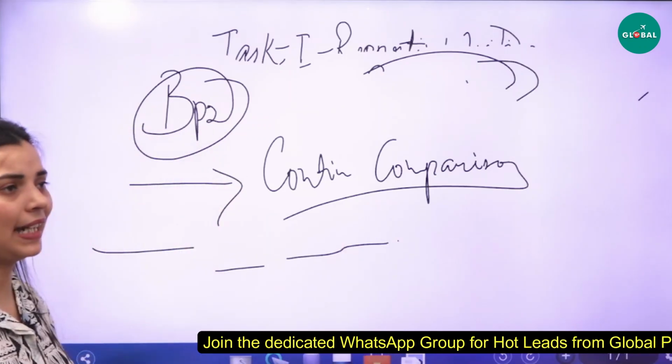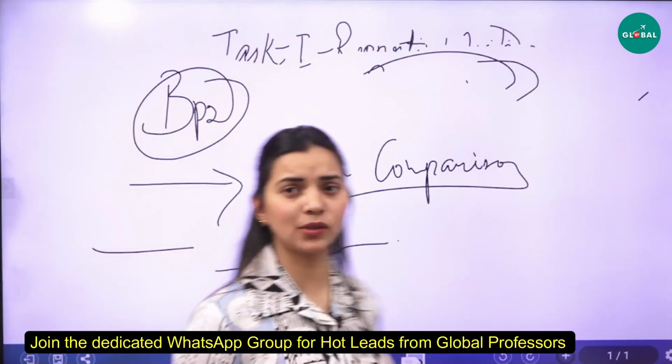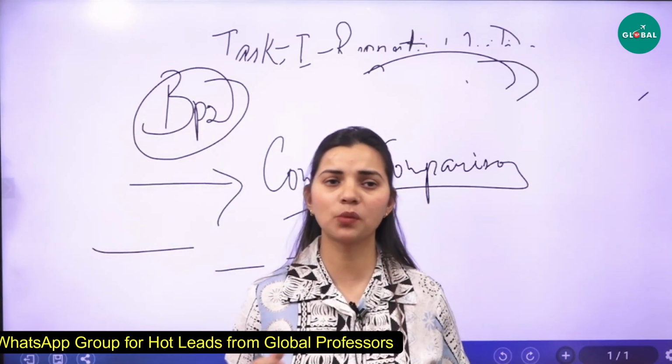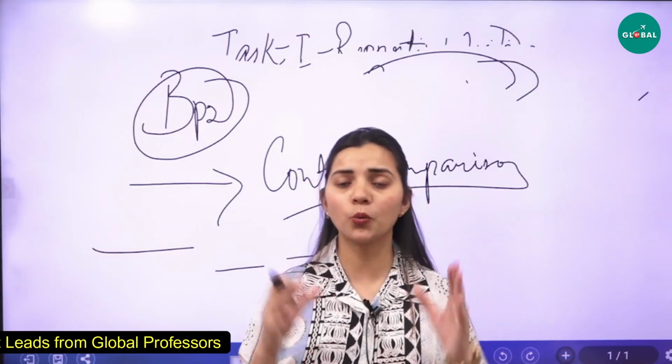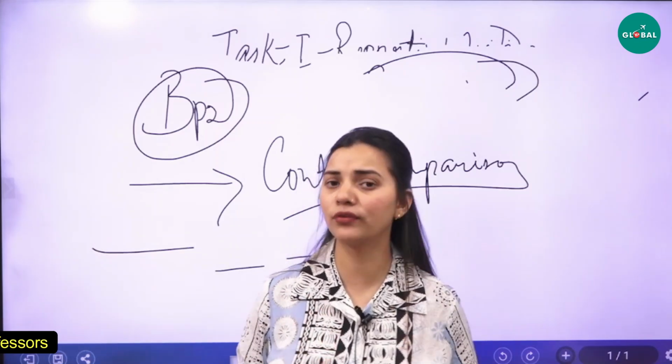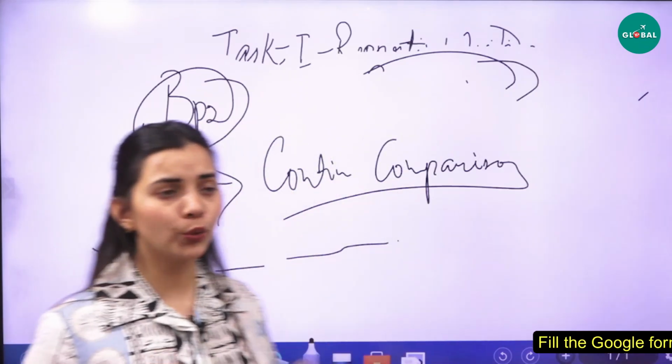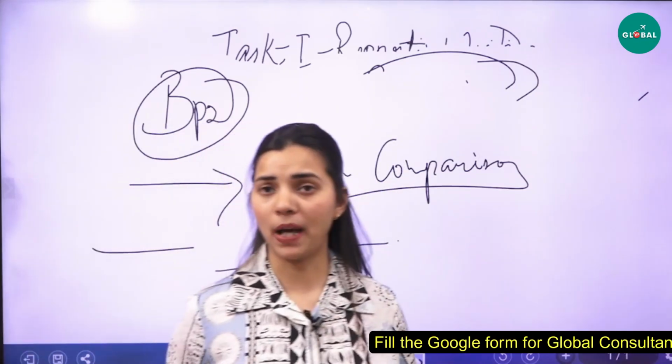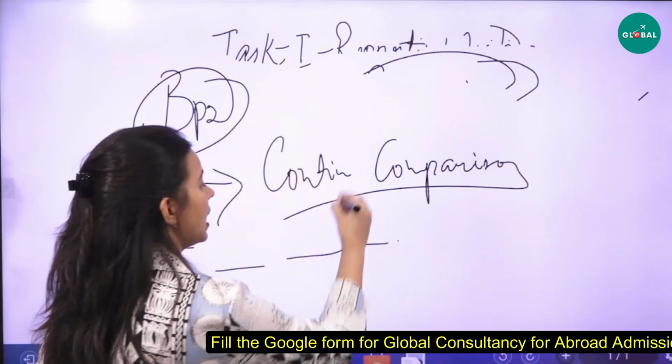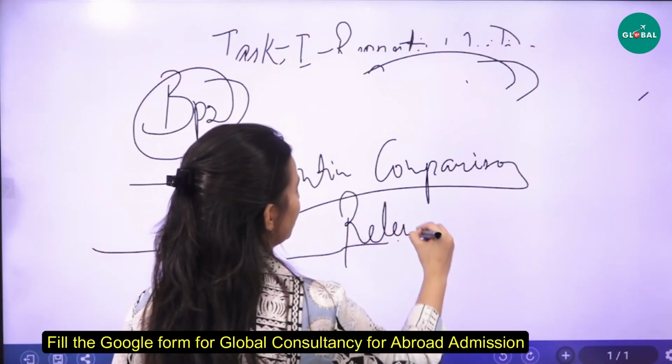Do not write any third paragraph for comparisons, because you are not supposed to make 5 paragraphs. The word limit is very less, that is 150 words. So you need to only do the relevant comparison. Mind my words, relevant comparisons.